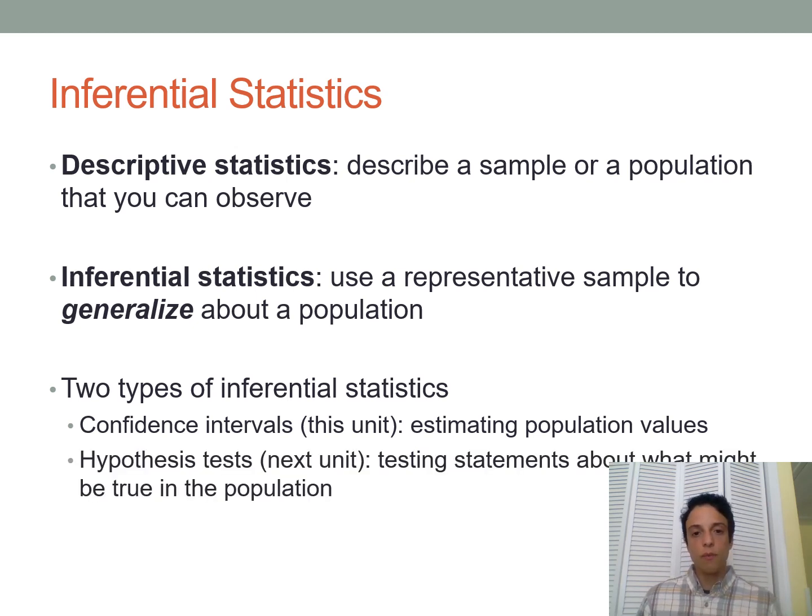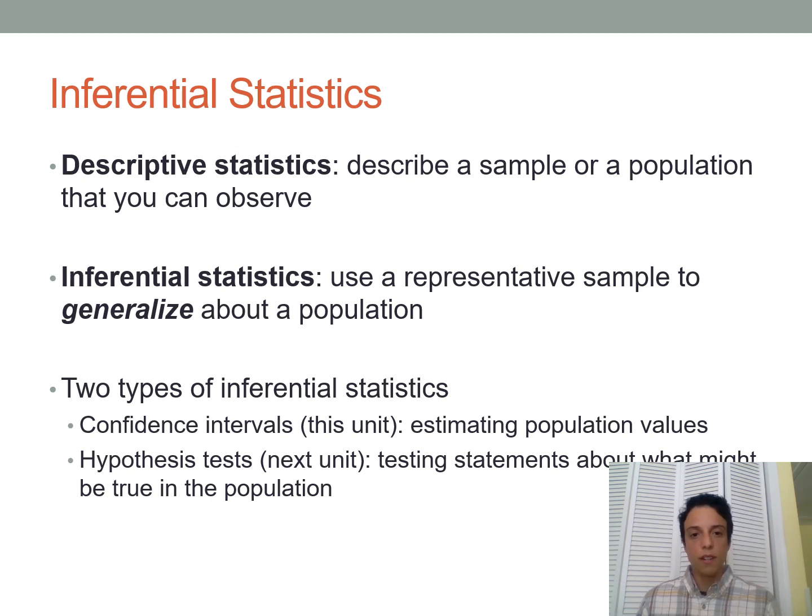With hypothesis tests, which will be what we do for the final third of the class in the next unit, we'll be testing statements about what might be true or might not be true in the population. So we could test a statement like, how likely is it that 50% of the people in the United States support the death penalty? We can put a pin in these for now. These are just examples of the types of inferential statistics we're going to be doing later on.